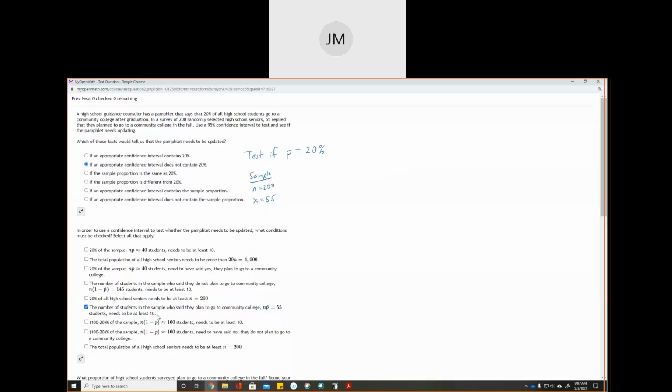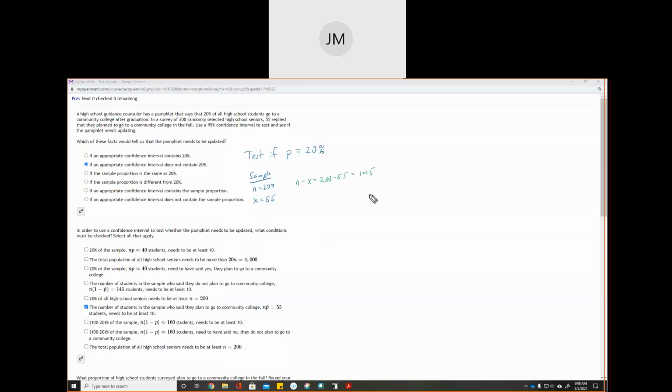And then we needed N times 1 minus P hat, which is the same as saying the number of students who said no. And if I do a quick subtraction, N minus X is 200 minus 55, which is 145.